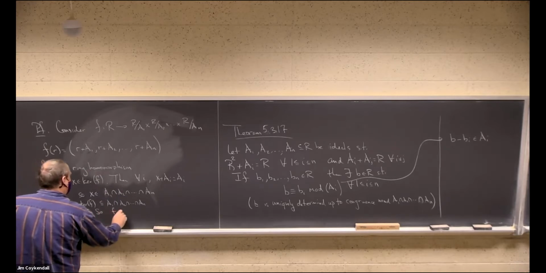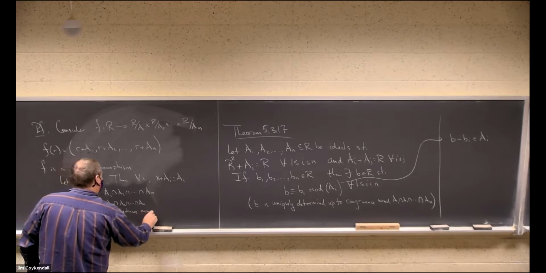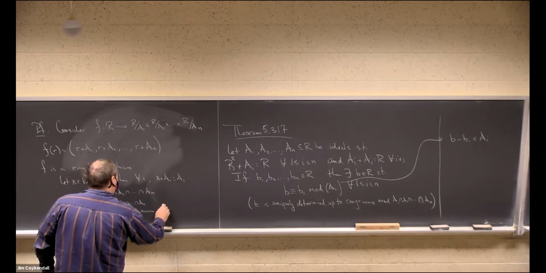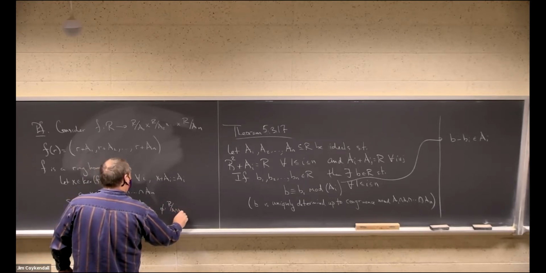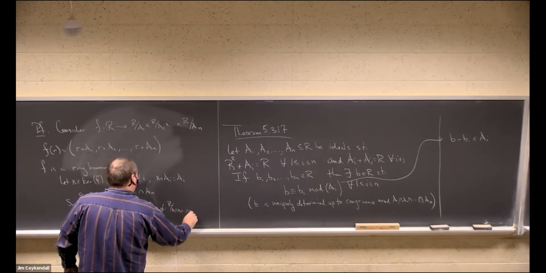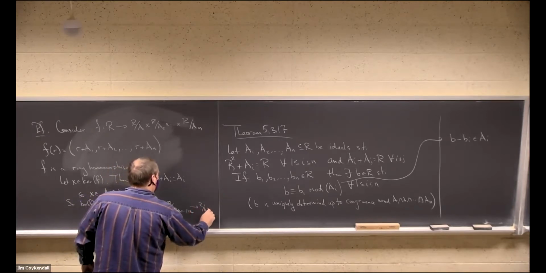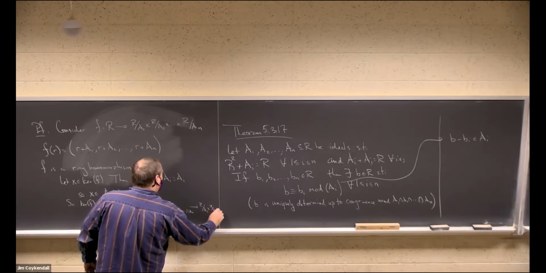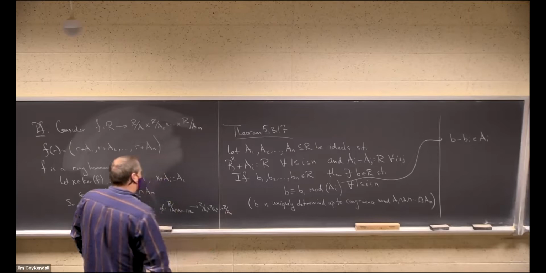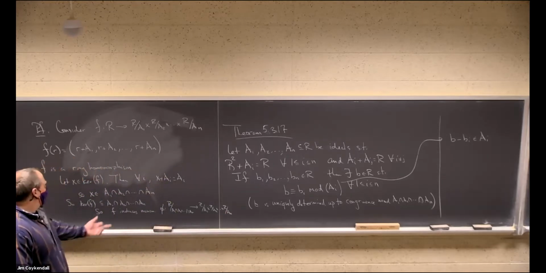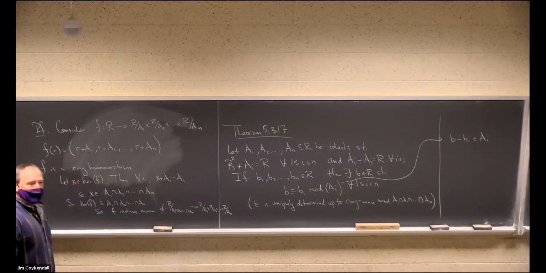So F induces a monomorphism from R mod A1 intersect A2 intersect AN into the product, by the first homomorphism theorem, because this thing contains the kernel.